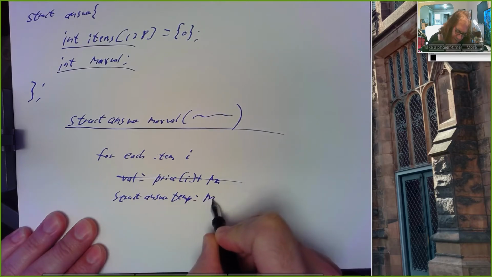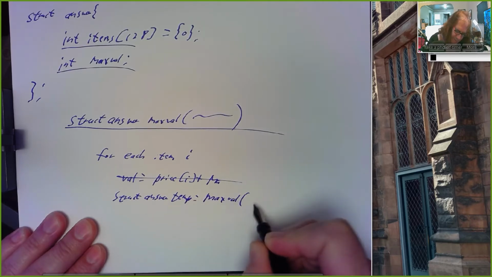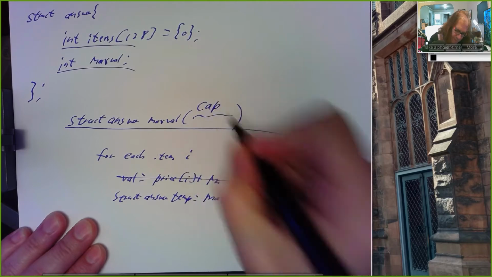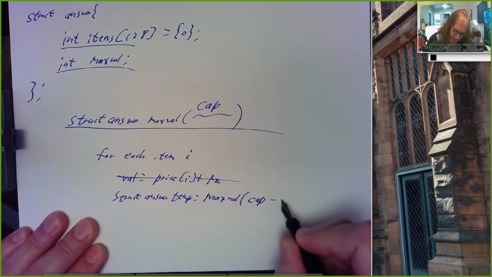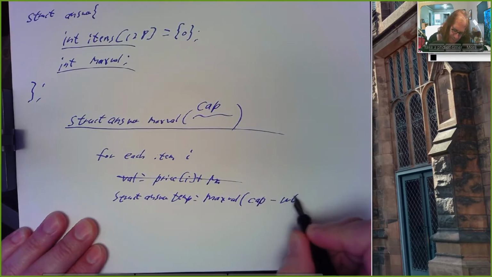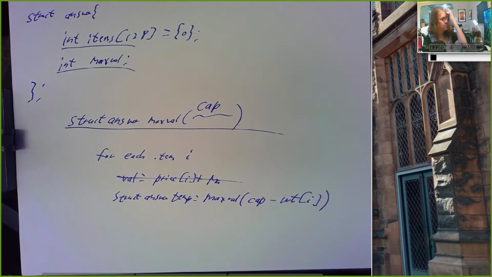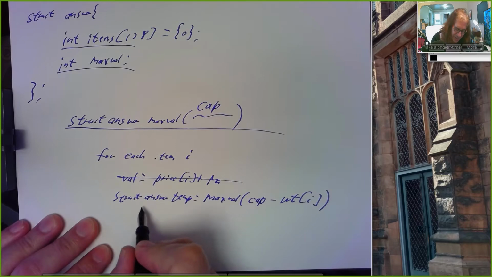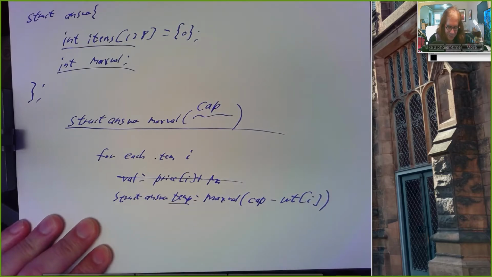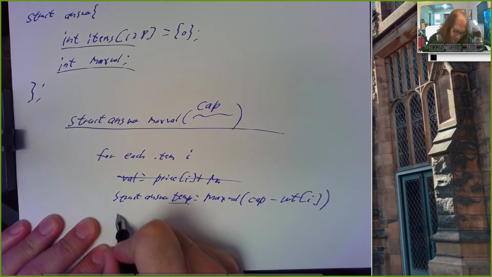Call the maxval function first. This is capacity, capacity minus the weight of item I. Right? So call your maxval function, get back this whole struct answer, and now do your if statement.